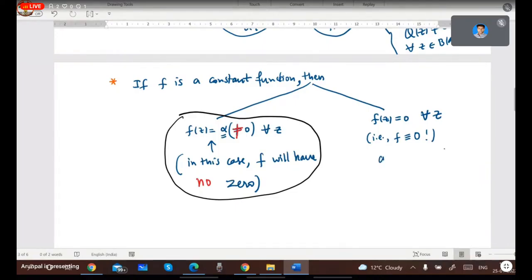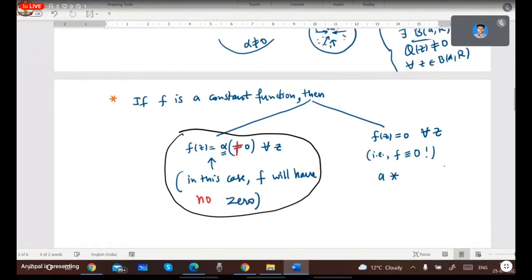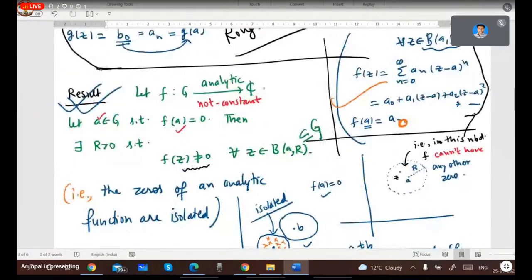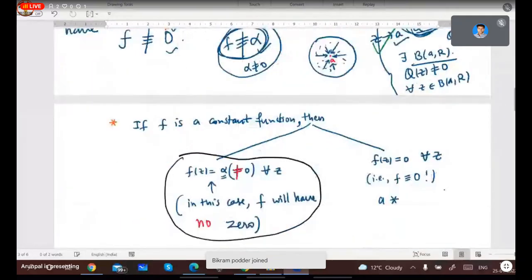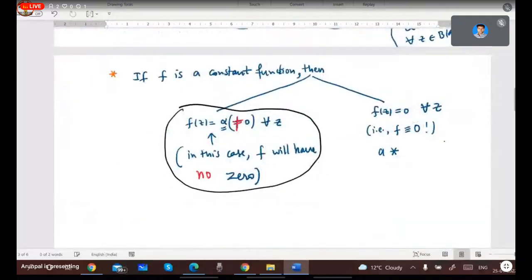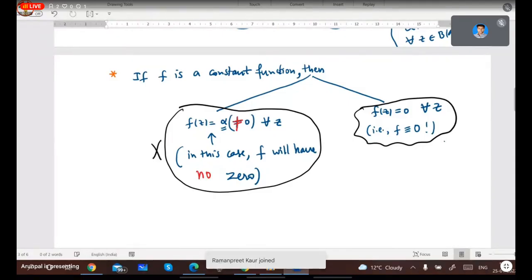We can say, which is a contradiction. Why, class? Because your function is given to be non-constant, right? So this possibility is also ruled out. Is this okay, class? Yes, sir. So this possibility is ruled out because of the fact that we are given that at some point it must be zero.